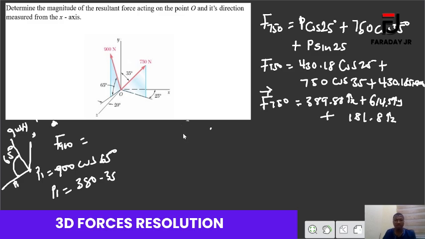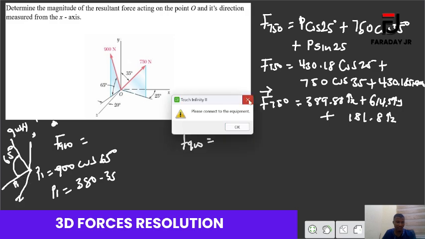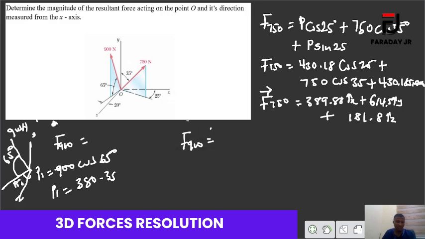Now let's look at what the 900 is making in the x plane, in the y plane, and finally in the z plane. So let's do that. Now because we've resolved this into this plane, and we know the angle to the z plane, this is the z plane, and the angle to the z plane is 20 degrees.